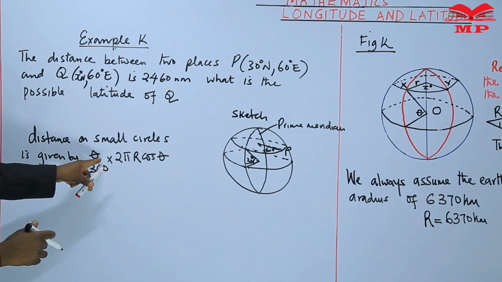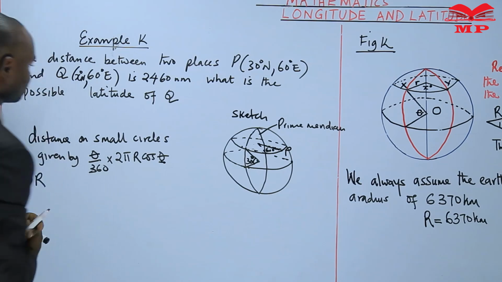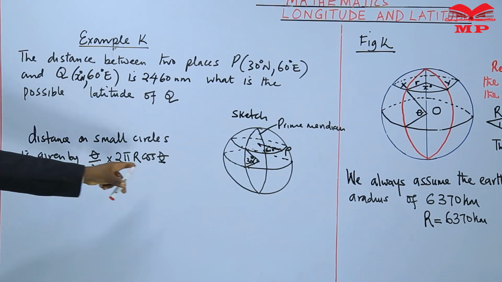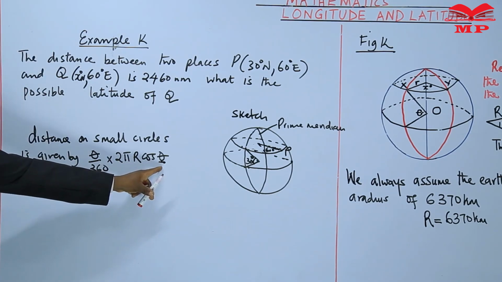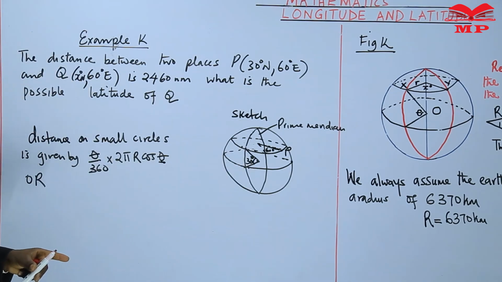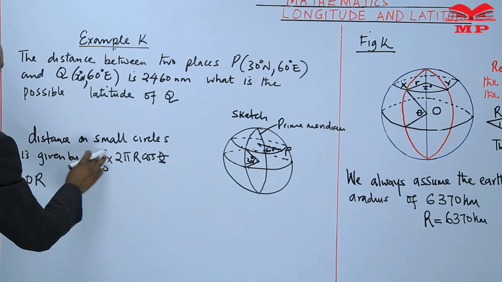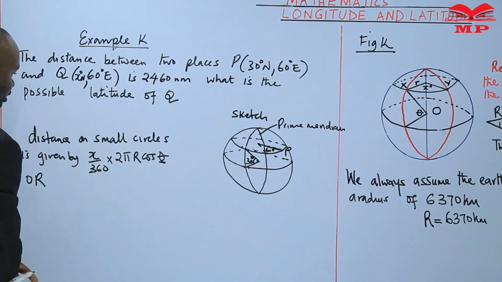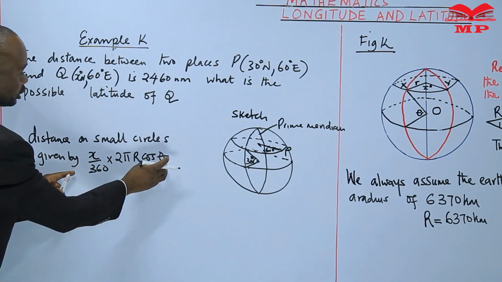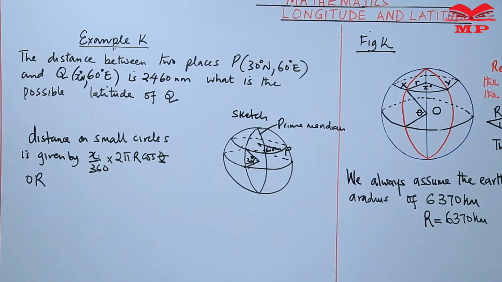So you check here, this could be the longitude difference. This is the latitude of that circle. In this case, it is 30. So it's good to denote these with a different letter so that you know that this is the latitude difference and this is the longitude difference.